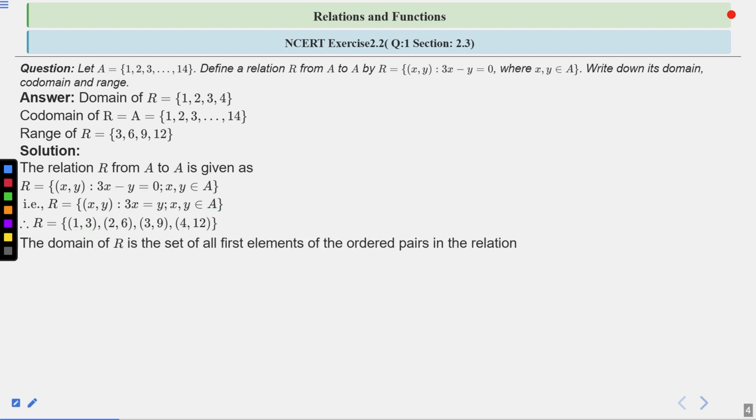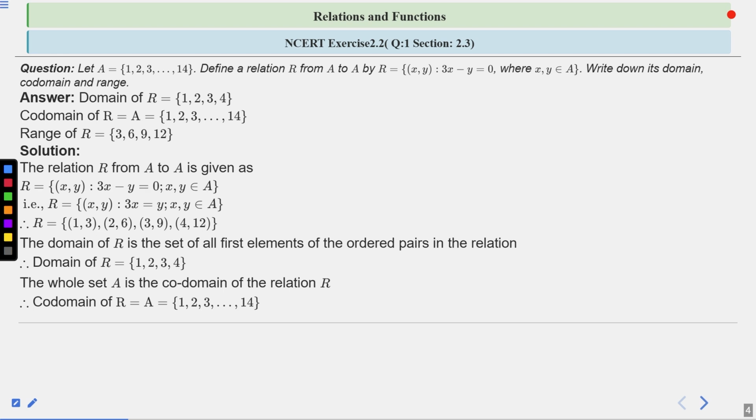Now the domain of R is simply the first elements of the ordered pairs in the relation. Therefore domain is going to be 1, 2, 3, 4. And the whole set A will be your codomain. So simply codomain is this set, complete set A. Clear?